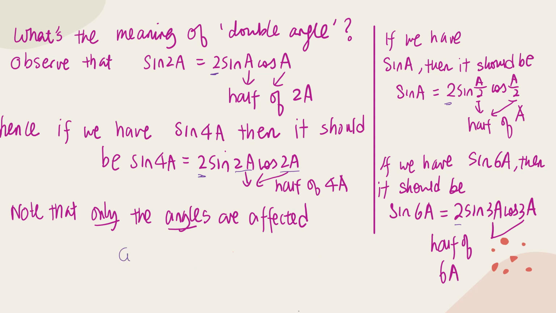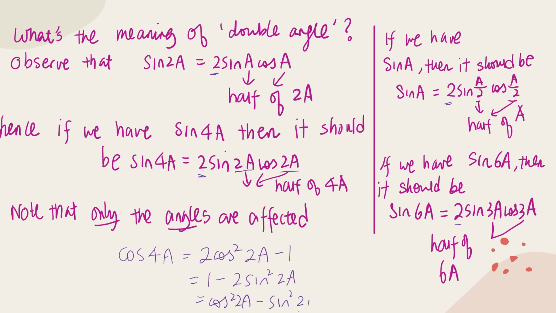If you have cosine 4A, that will be 2 cosine squared. So how much is half of 4A? 2A, right? So that will give you 2 cosine squared 2A minus 1. One formula, or it can be 1 minus 2 sine squared 2A, or it can be cos squared 2A minus sine squared 2A.